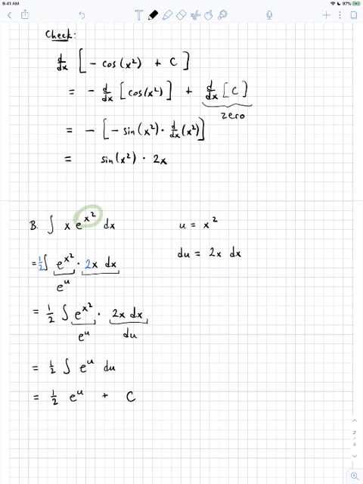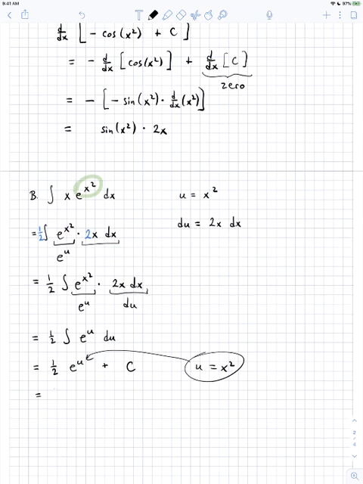So now we've computed our indefinite integral, at least in terms of u, but we have to get back into terms of our original variable, which is x. So we need to use again the fact that u is equal to x squared, and we just plug that back right into where we see a u. So we're going to end up with 1/2 e to the x squared plus a constant.